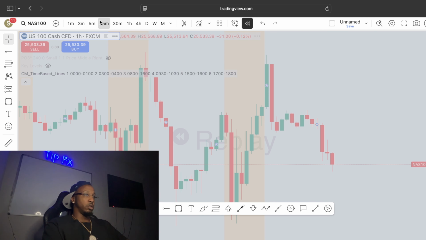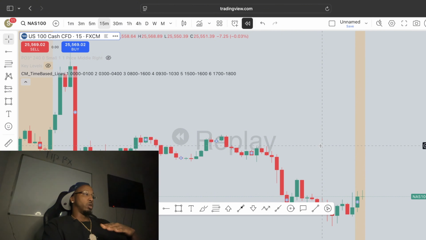Keep in mind that when we're talking about supply and demand, supply is where we're looking for selling pressure upon a resistance area, so we're looking for it to go down. And demand is where we're looking for buying pressure to go up. That's what the market does on a daily basis, fighting against each other.